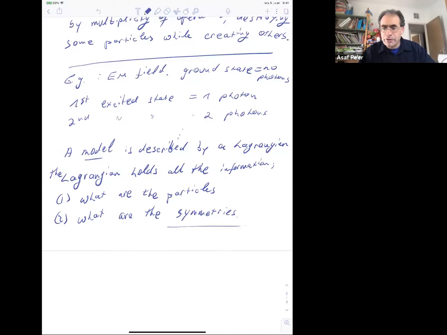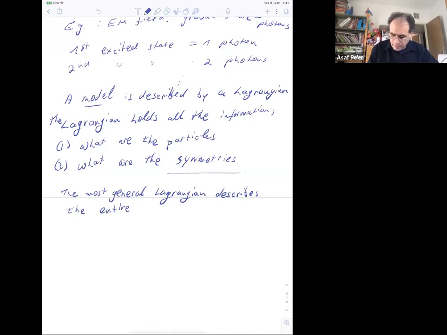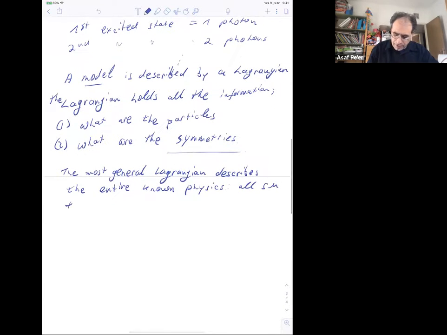But fortunately, we don't really need all that, because we nearly always work only with one part of the Lagrangian, the part that is of interest to us, and we don't care about the rest.